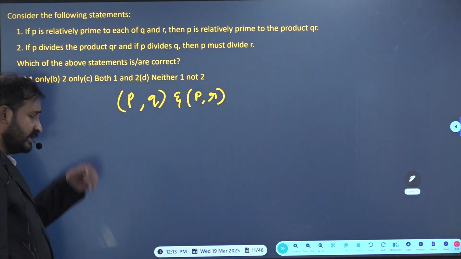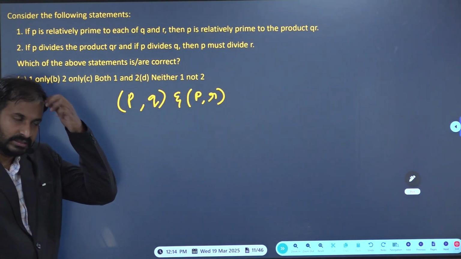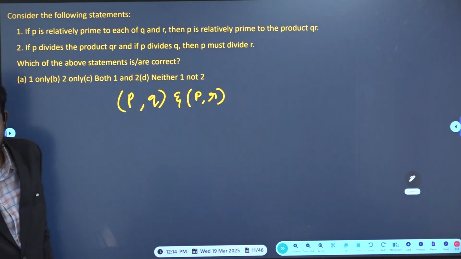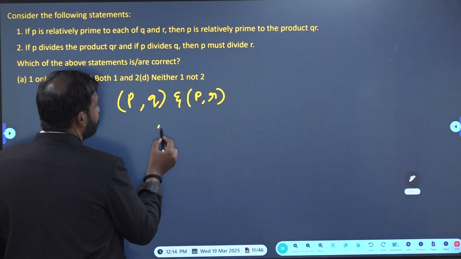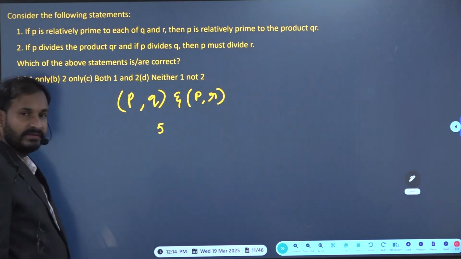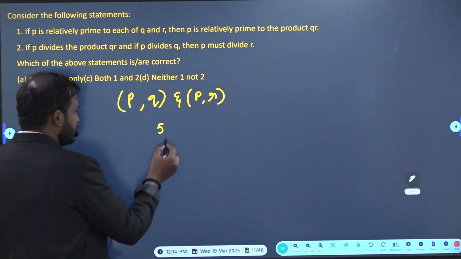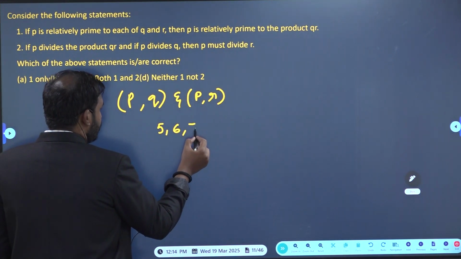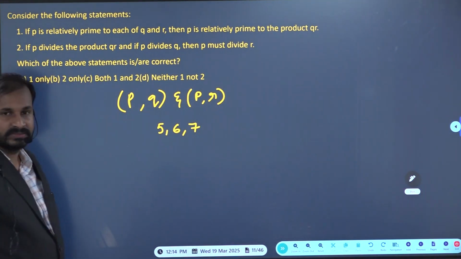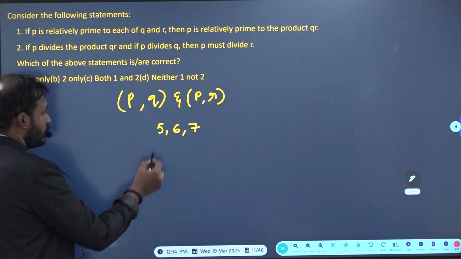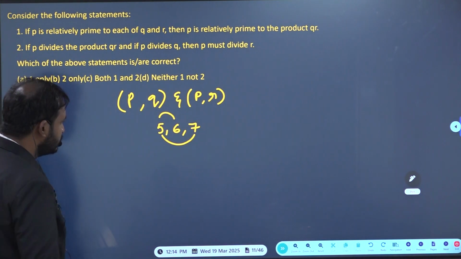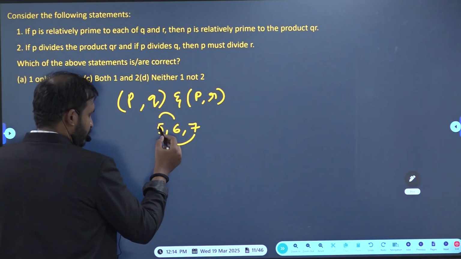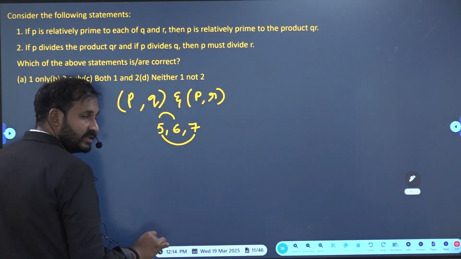We will take an example: 5, 6, 7 are co-primes, right? P is co-prime with 6 and P is co-prime with 7. Sorry, 5 is co-prime with 6 and 5 is co-prime with 7.